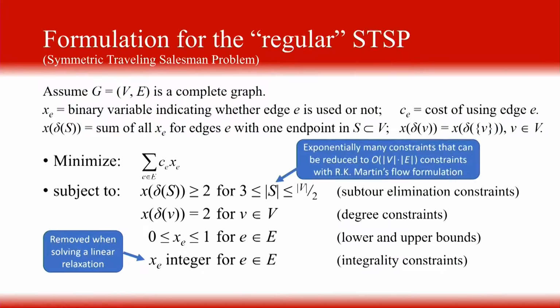I should mention that these subtour elimination constraints can be separated in polynomial time, or they can be replaced by R.K. Martin's flow formulations or something based on that, which allows me to have a polynomial-sized set of constraints.